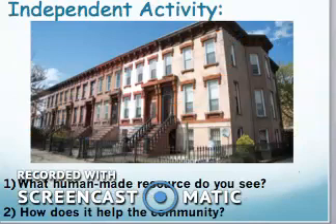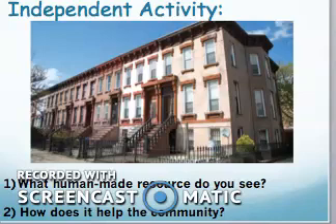So your independent activity, boys and girls, is you are going to look at this picture, right? And you're going to answer these two questions. In your notebook, get your pencil and a notebook or a piece of paper and write down these two questions. Number one, what human-made resource do you see?